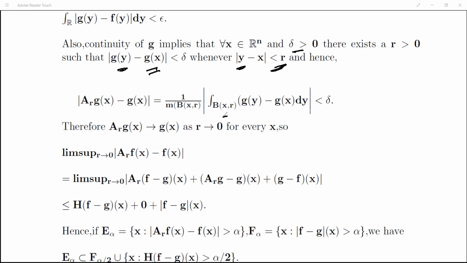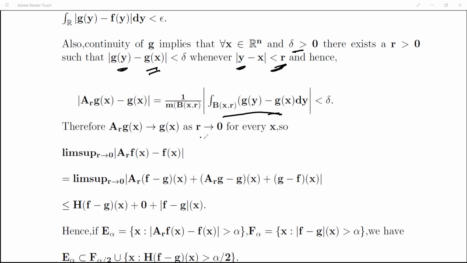So then this thing will be less than delta times the measure of the ball, and then I have 1 over the measure of the ball in front. So that will cancel out, and that will give me less than delta. So for every positive delta, you can do that using the continuity of g.